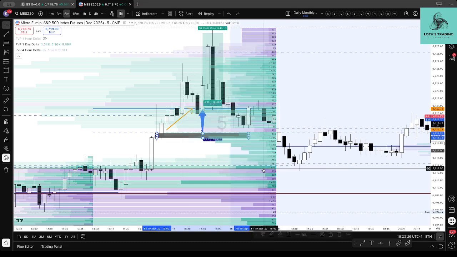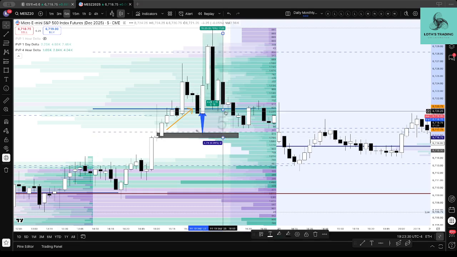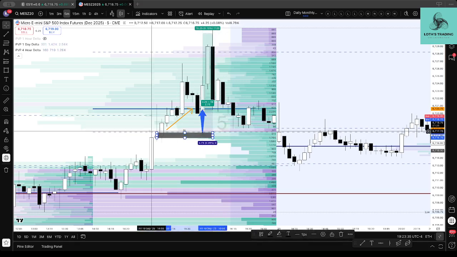So I may put a stop loss bar here and drag this stop to here. Assuming we got in at this blue arrow, what you may want to do is use that stop loss using this primary delta that's from the prior sellers.